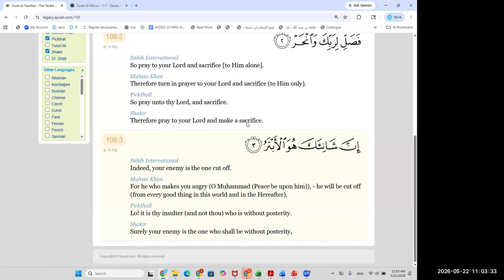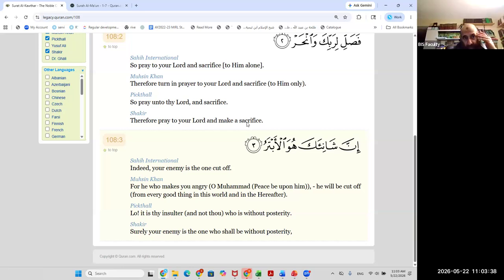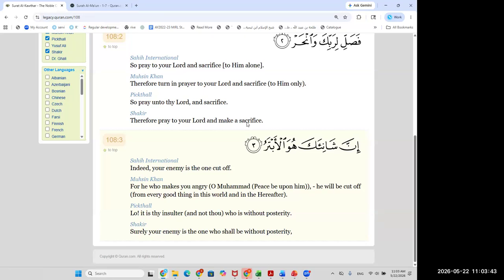What do you mean by al-fasl? Fasl means separation, because it is separating the mubtada from the khabar. Okay, got it.